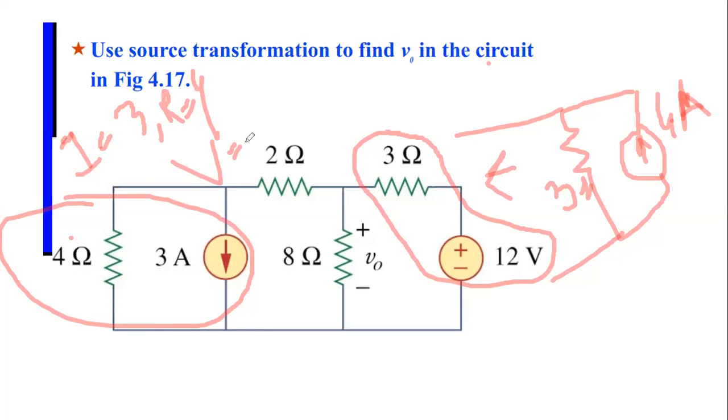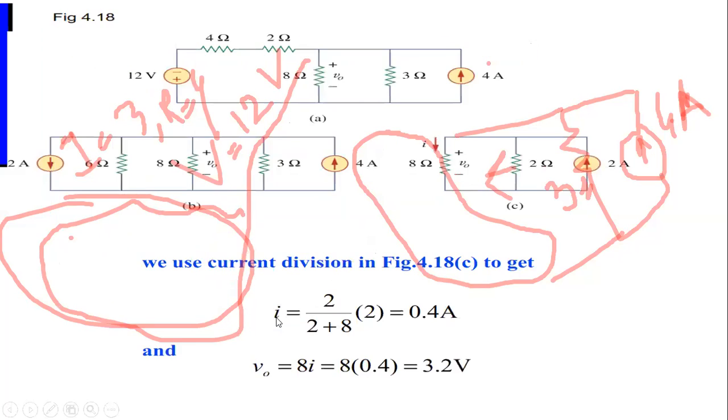The voltage will be IR, so 4 into 3 is 12 volt. This is for this case. Again, this can be redrawn, and the circuit is going to be like this.